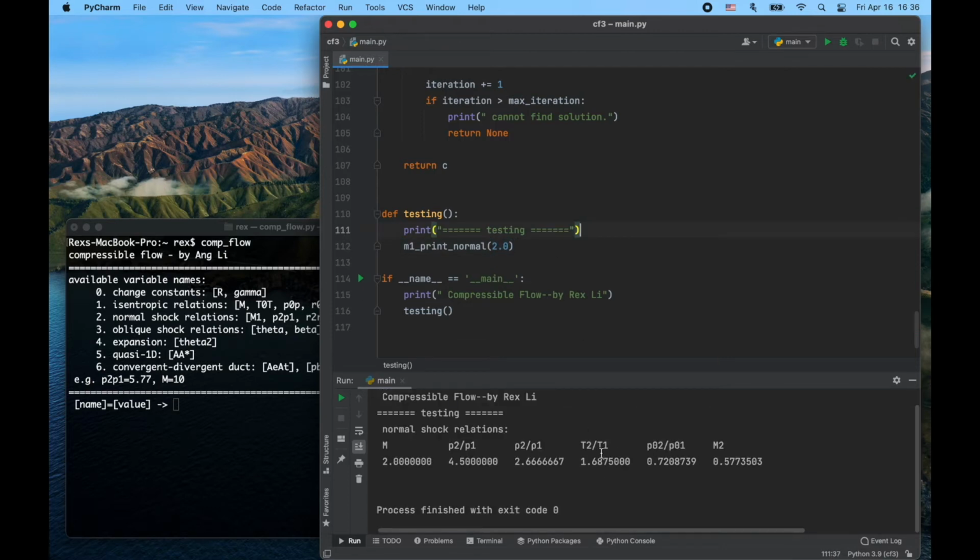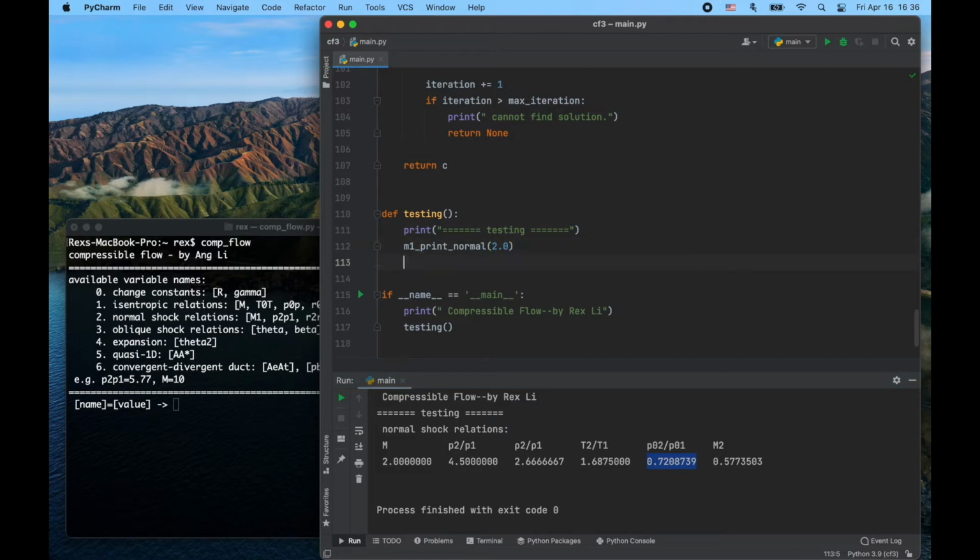For now, it will give us these values. If we know PO2 over PO1 to be this value, it should give back Mach number equals to 2, right? So M1 equals to, we are using inverse.